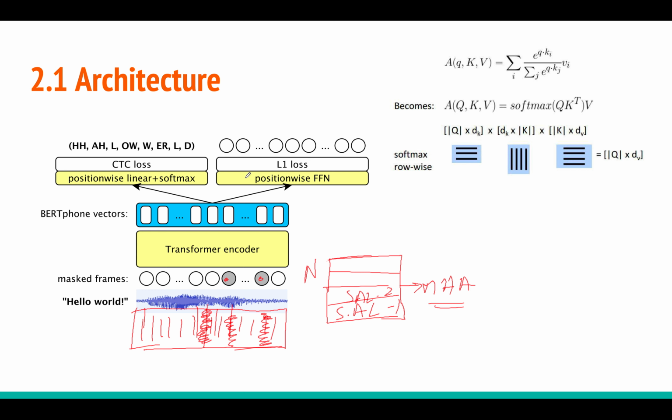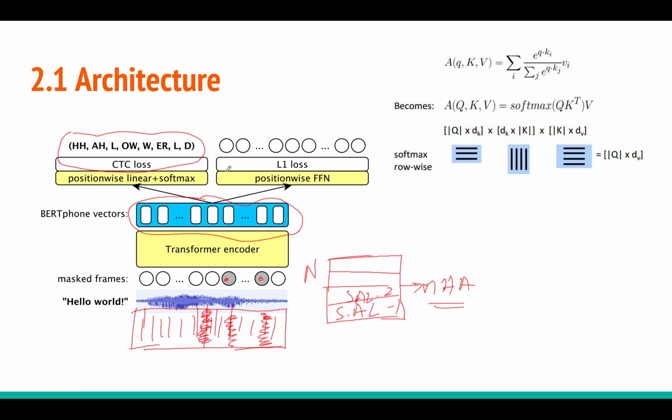But in this case, there is one more interesting thing happening. They are not only reconstructing the frames, they are also trying to predict the phoneme sequence of this input, right? So for example, if I say hello world is the input audio, and these are the phonemes for this, you predict this phoneme sequence from these BERT embeddings also. That way you are forcing these features to have some phonetic content, right?